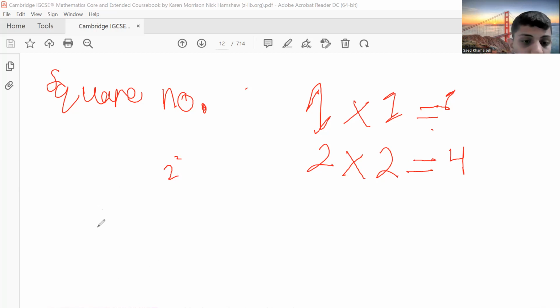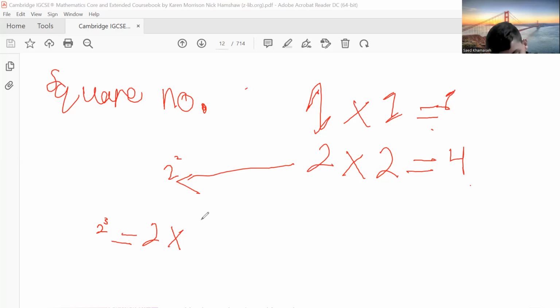But when we write a number like that, it is a cube number. So we need to multiply it 3 times. This is another way that we can write the square number.